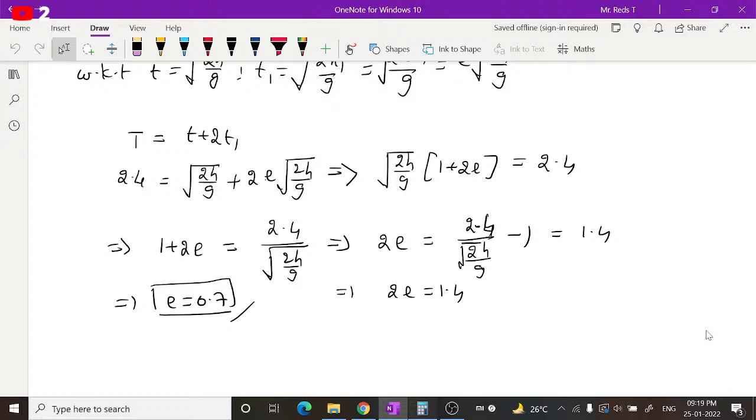Let me give you briefly. The question is: a sphere of mass m moving with constant velocity u collides with another stationary sphere of same mass.